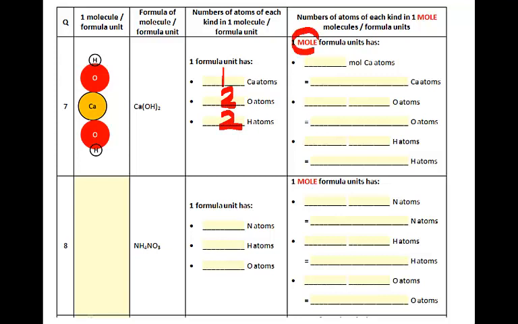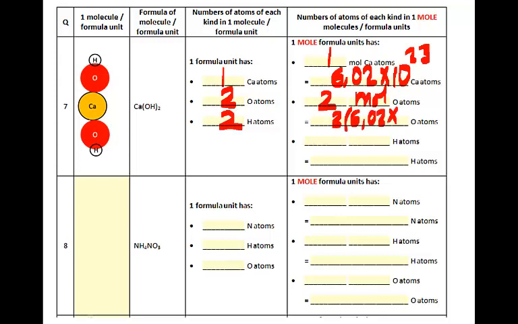A whole mole of formula units has 1 mole, not 1, but 1 mole of calcium atoms, which is 6,02 times 10 to the power 23 calcium atoms. It has 2 mole of oxygen atoms, which is 2 groups of 6,02 times 10 to the power 23 oxygen atoms.